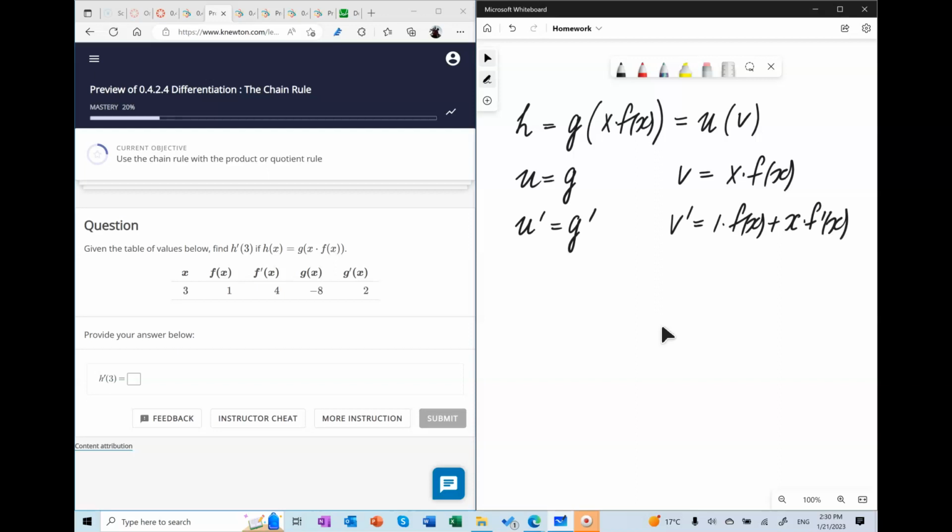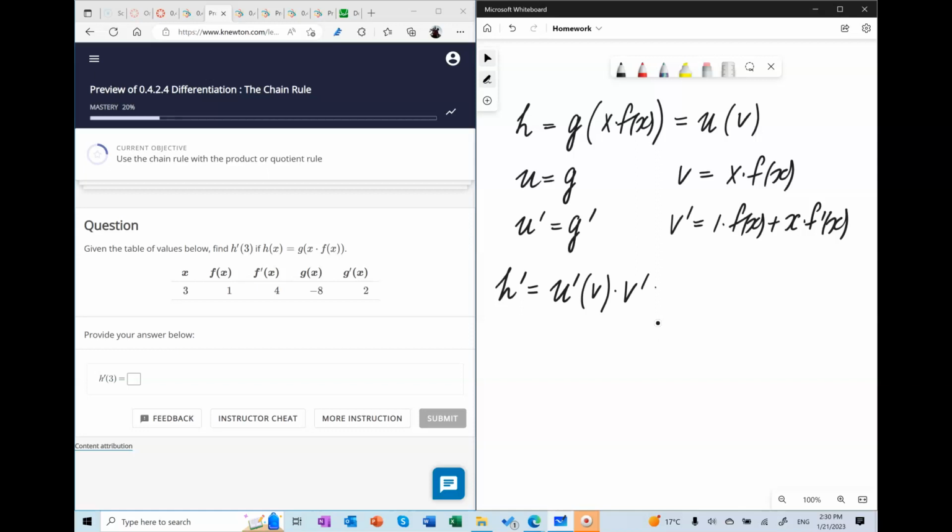And now if I want to find the derivative of h, it's going to be the derivative of the outer function evaluated at the inner function and multiplied by the derivative of the inner function.